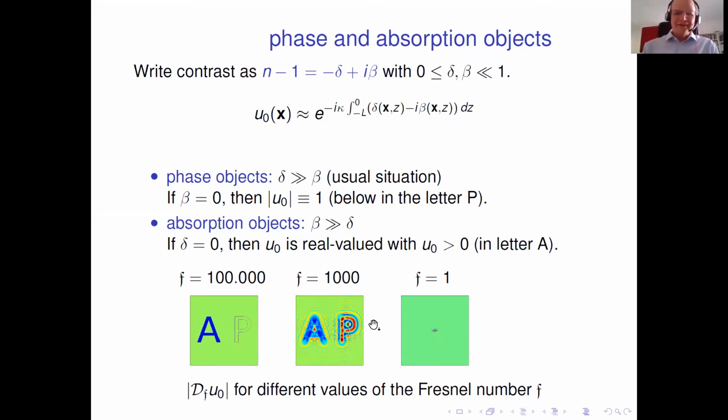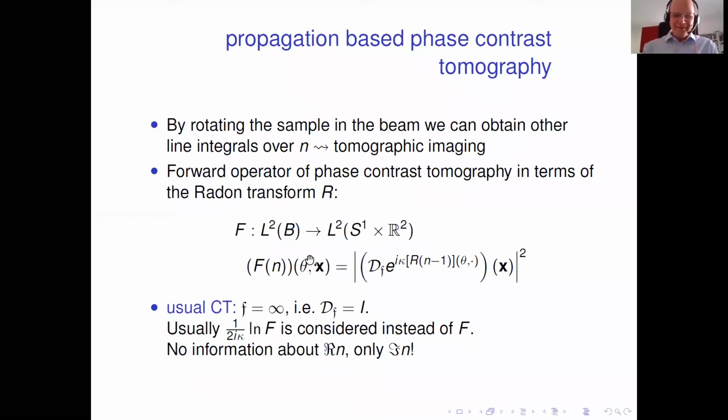Okay, and then the full imaging setup would be described by the following forward operator. It maps a three-dimensional refractive index, which now we additionally rotate the sample in the beam to get additional information, and then we get a Radon transform.